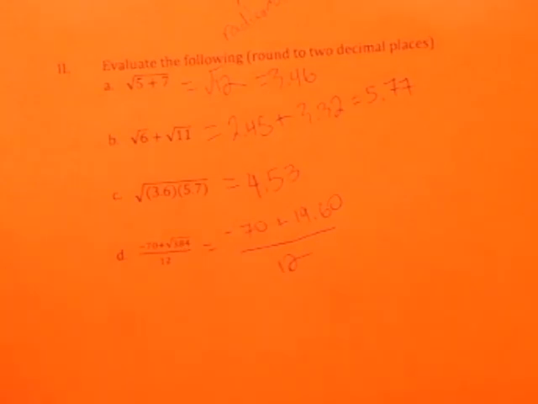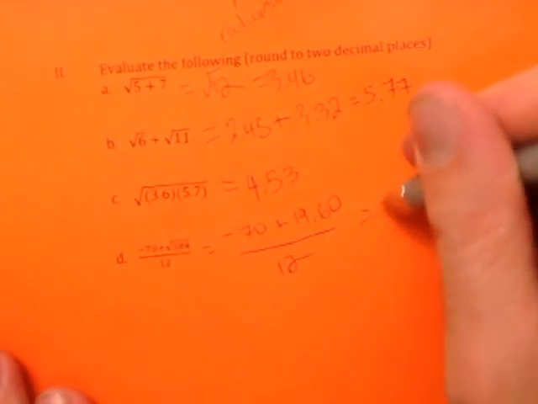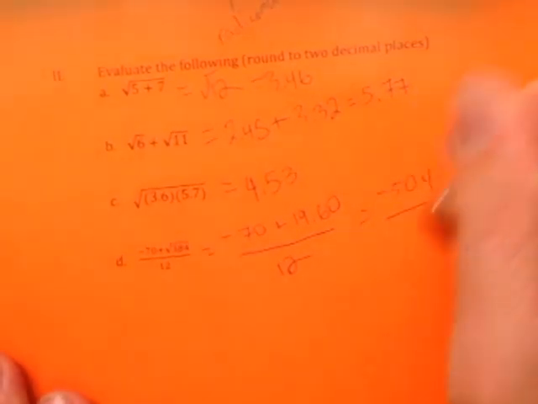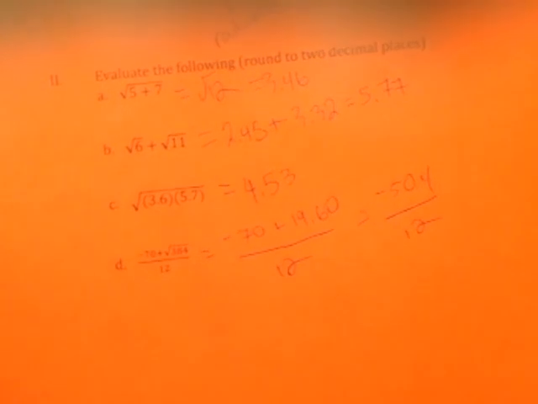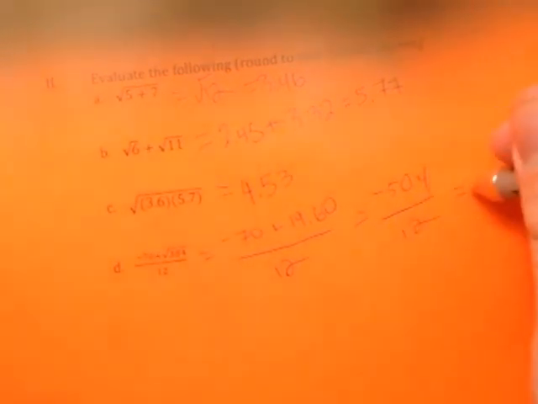Then we'll take negative 70 and add it to that, and that's going to get us negative 50.4. And then we take negative 50.4 and divide it by 12, and we get 4.2.